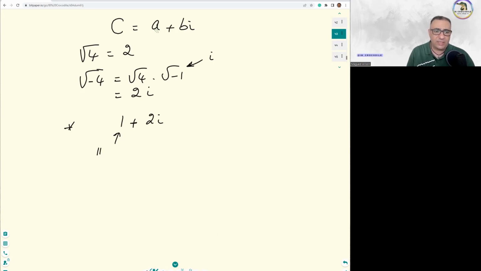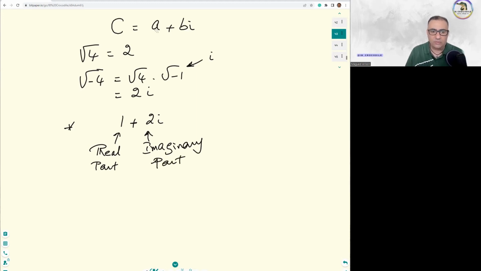This is called the real part. And then 2, the coefficient of i, the number multiplied by i, not 2i, just 2, is called the imaginary part.